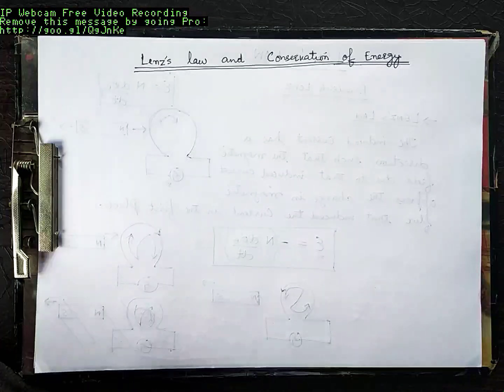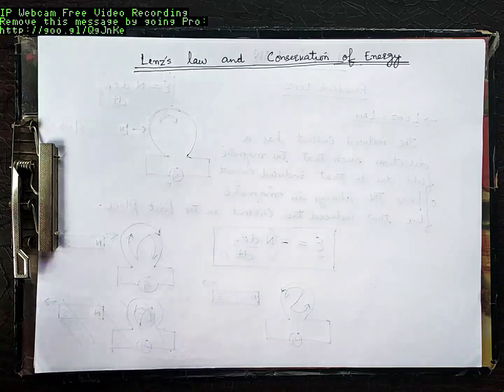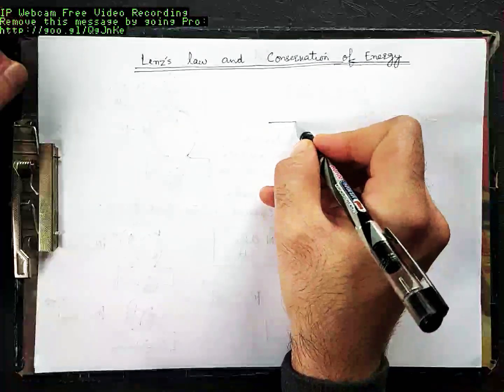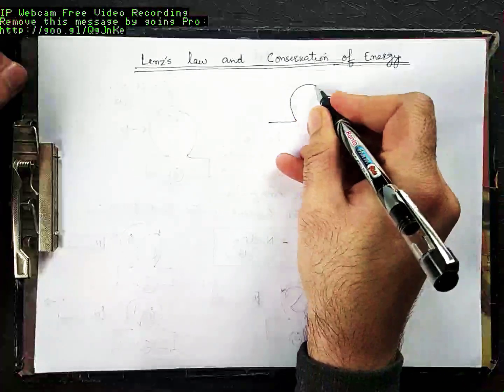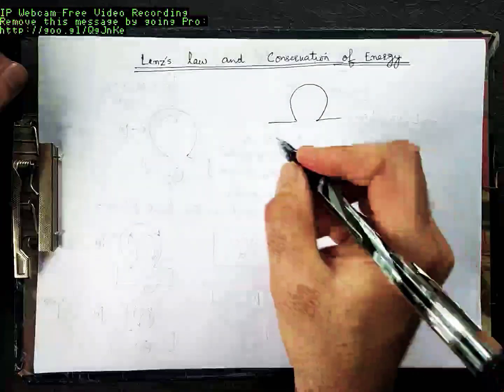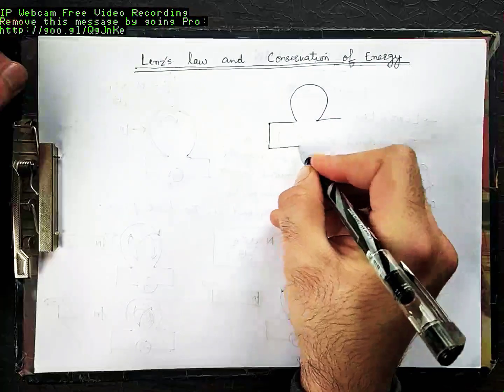Since the law of conservation of energy has to hold, let me explain this by an example. Suppose you have a coil over here, and to that coil you are not connecting a galvanometer, you are connecting a small bulb.